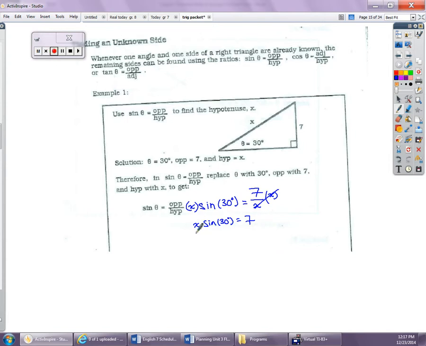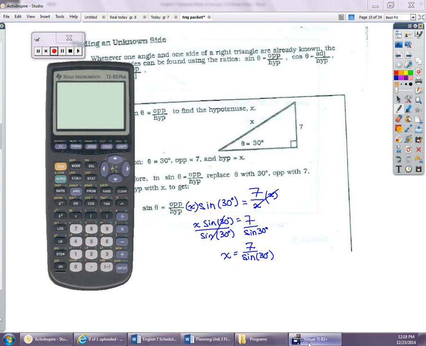Now to solve this for x, you divide by the sine of 30 degrees, because they'll cross off here, and divide by the sine of 30 degrees. So x equals 7 divided by the sine of 30 degrees. I go to my graphing calculator and do 7 divided by the sine of 30 degrees.